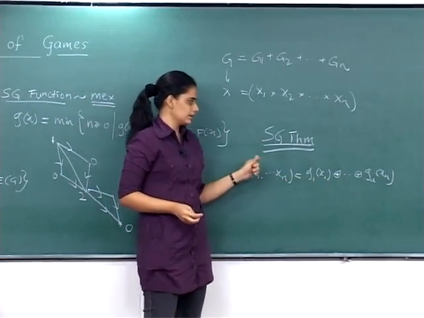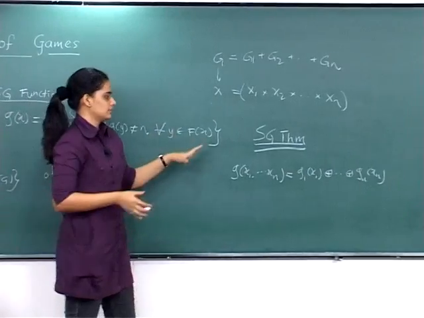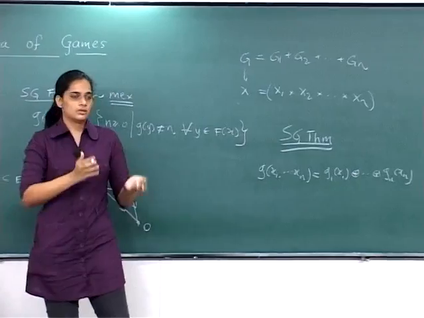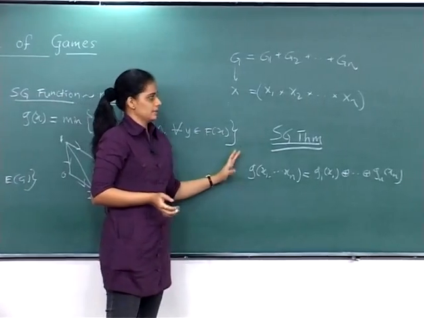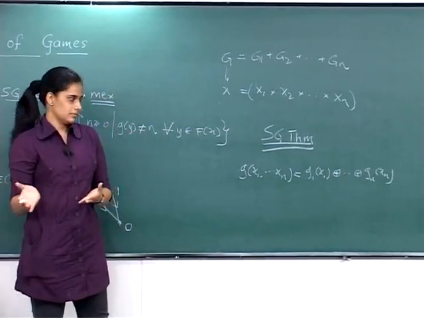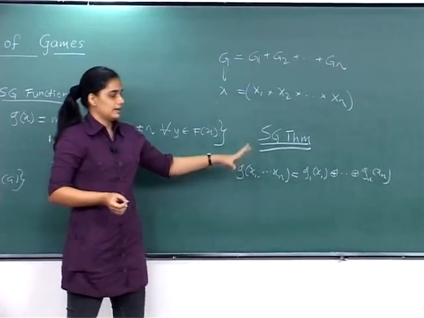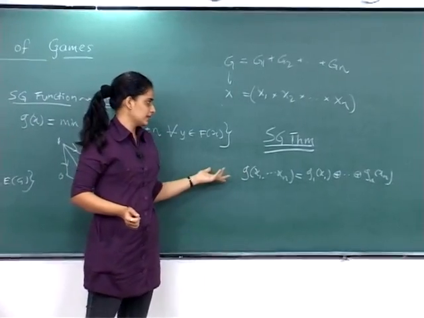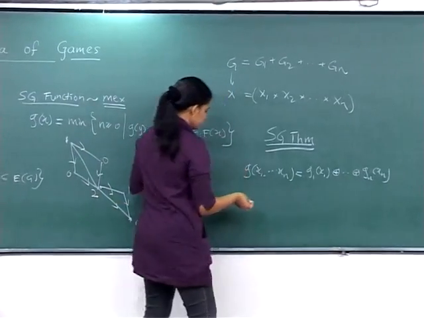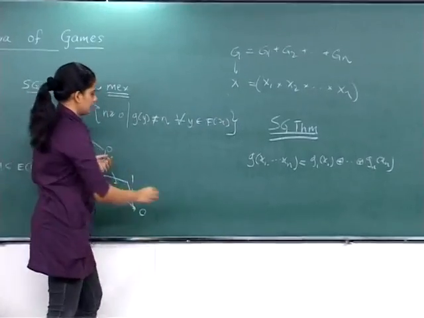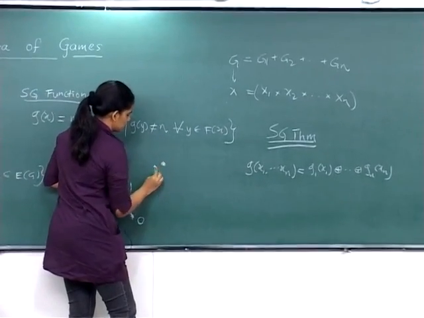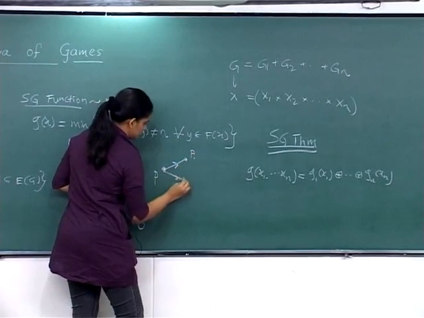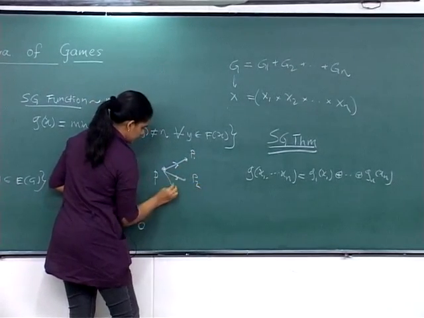So this is the Sprague-Grundy theorem, and intuitively it says that any impartial two-person perfect information game can be analyzed like a NIM game. It is an extremely powerful tool to analyze impartial games. For example, if I have a game graph, and from position P, suppose I can go to some positions P1, P2, P3.